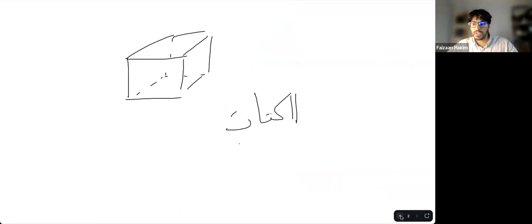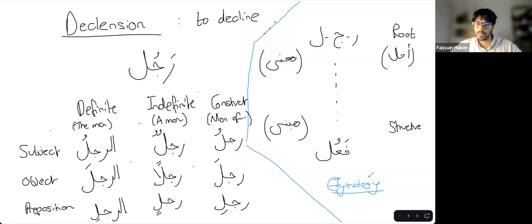How do we build things together? That's what the Arabic grammar is telling you. Now, focusing on nouns, I'm just going to do this for this video. What's going on over here? So these three things is obvious. Definite, indefinite, construct. I mean, if you understand, and you do understand, of course, what the man is, a man is, and man of the building, the house is, then that's that.